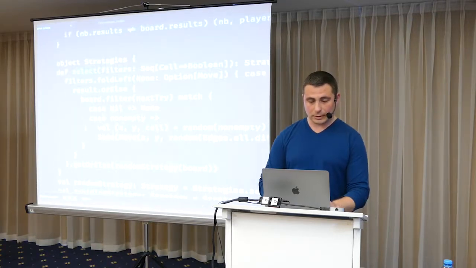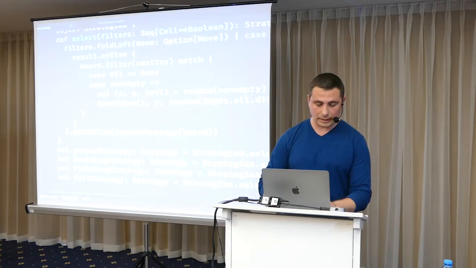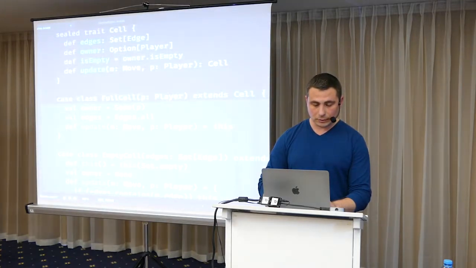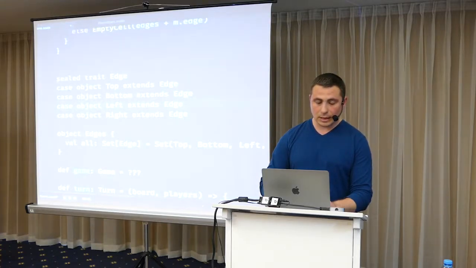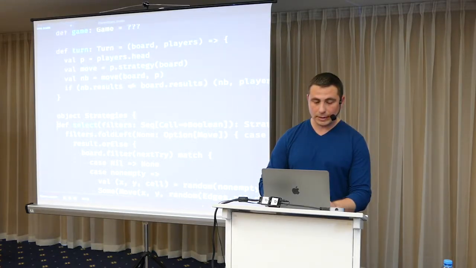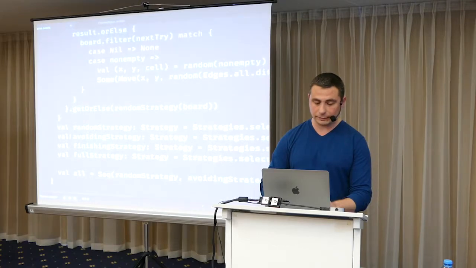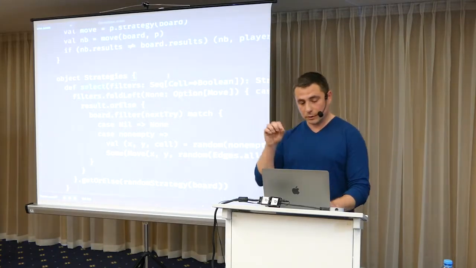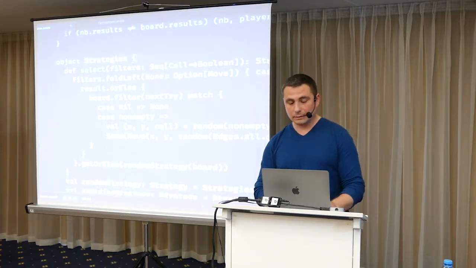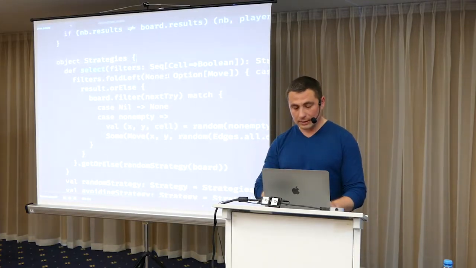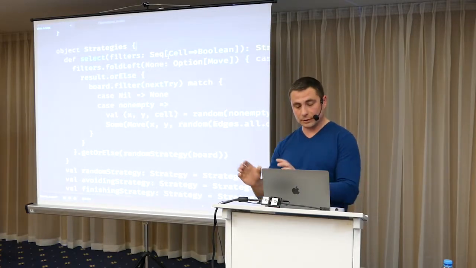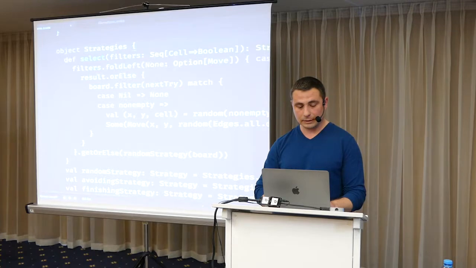Yeah. So the logic is very simple in the core. Just a lot of code. So just think how would you play the game. You would probably have different strategies for yourself. Like if there are some cells which can be closed, you will choose those first, and then you will look among others. So this is the logic which has different strategies of different priorities, and it combines them in order of priority.